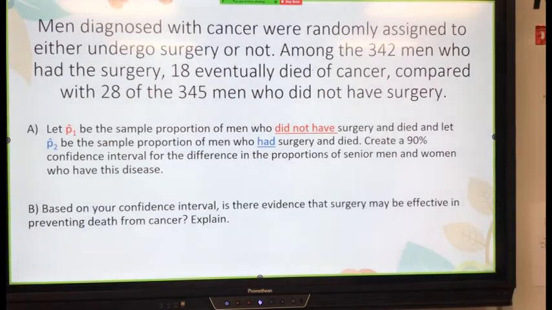Create a 90% confidence interval for the difference of proportions. So we're comparing who had the surgery and who did not, and whether or not they died of cancer. And then work on part B based on the confidence interval. Is there evidence to suggest that surgery may be effective in preventing death from cancer?